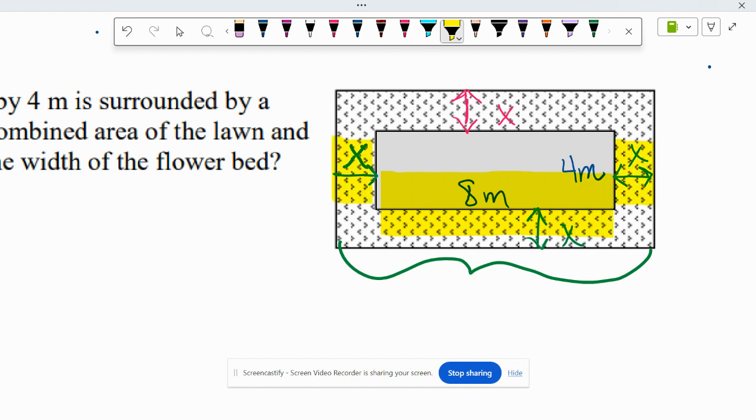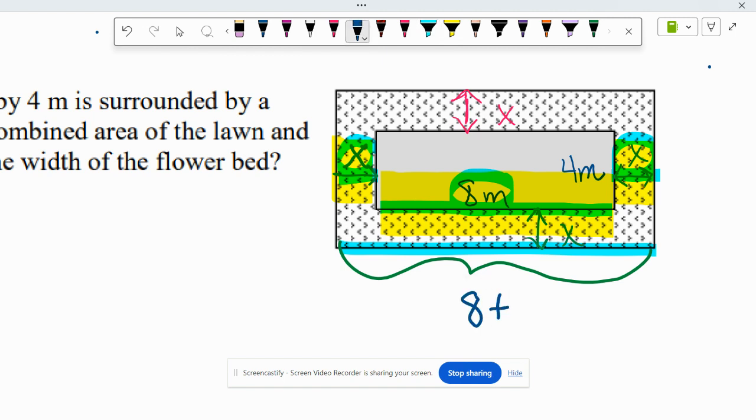How many X's am I adding? Look, the length, that's the long side. I just want you to look at the long side. The long side started as 8. What did I add to it? How many X's am I adding? 2. So the new measure of the length is 8 plus 2x.